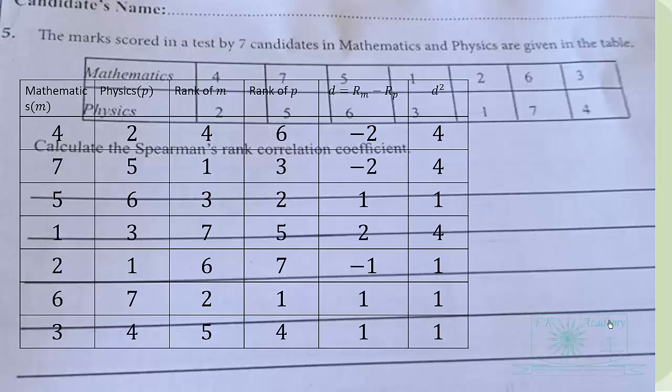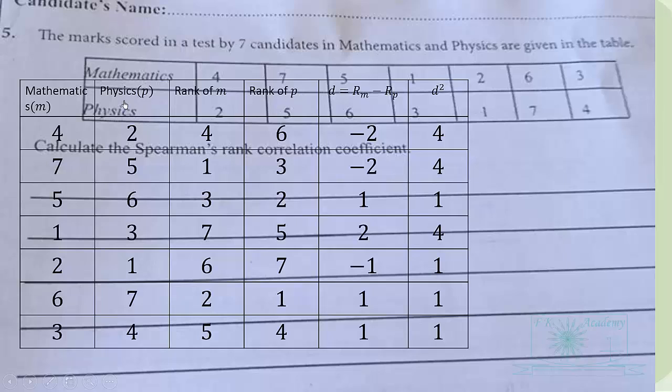So we are ranking from highest to lowest. So highest as first. For mathematics, the highest mark here is 7, so that is the first. Then the next one is 6, that's the second. The next one is 5, that is the third, till we reach the last one, which is 7.